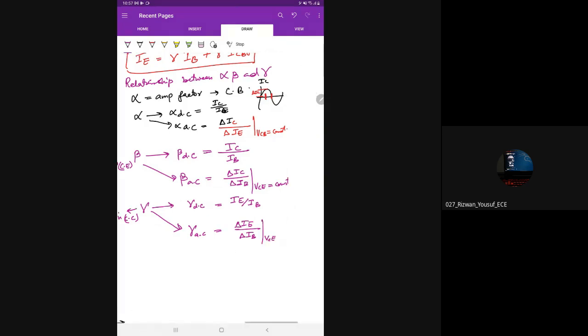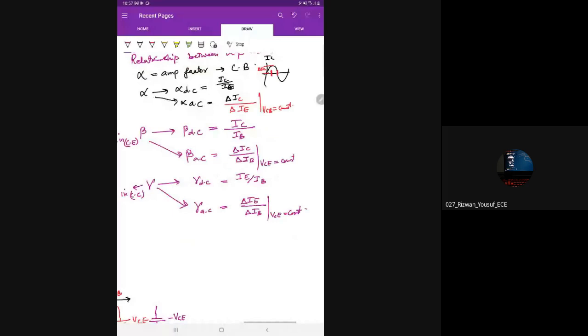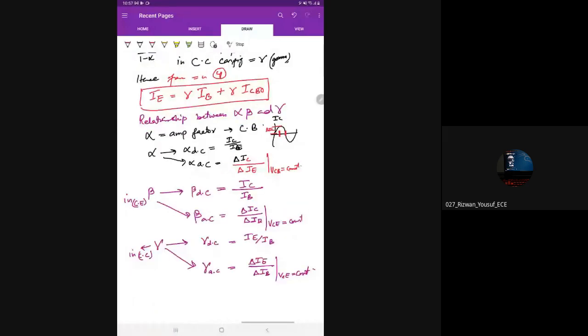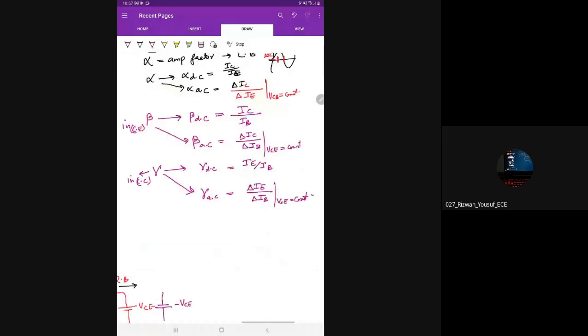VCE is constant. So what is the relationship? The relationship can be derived now. These were the first three terms, alpha, beta and gamma, and now we find their relationship. Now see, since we know IE is equal to IB plus IC, this is the basic equation of the BJT: emitter current is equal to collector current plus base current.